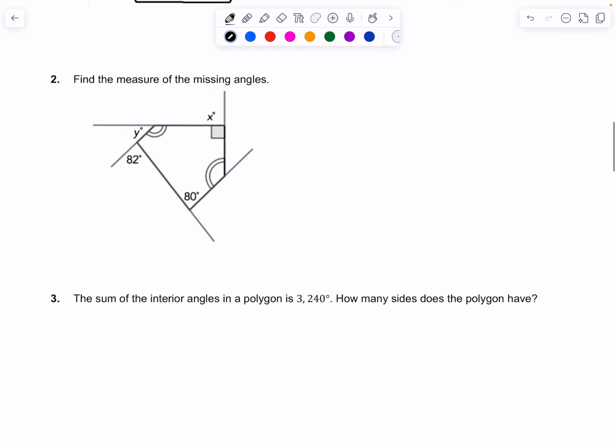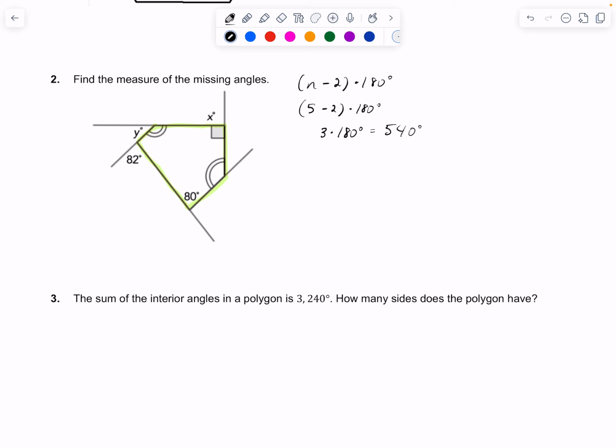Let's try number 2. All right, so finding the measure of the missing angles. First thing I notice is that I have this shape here, which has, in terms of sides, 1, 2, 3, 4, 5 sides. So the sum of those interior angles using this formula is going to be 3 times 180 degrees, which is going to be 540 degrees.